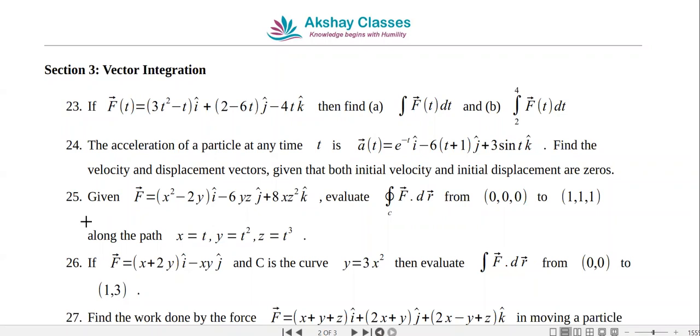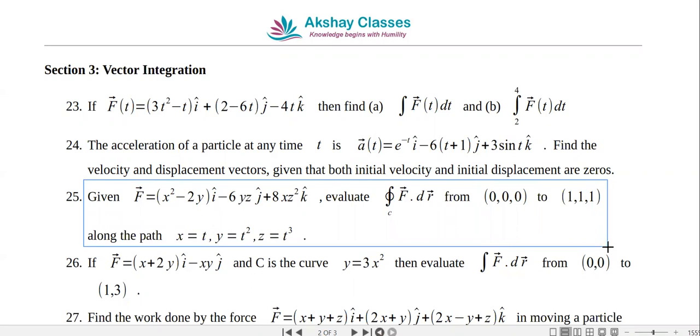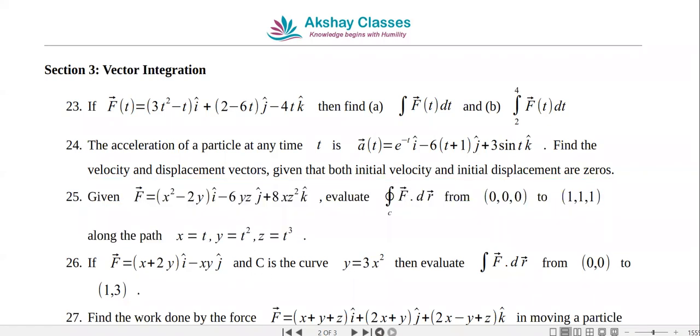Acceleration I'll omit. Okay, evaluate from, it's not a closed path here.